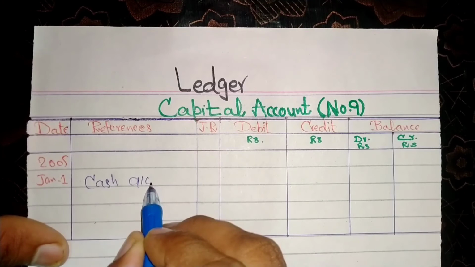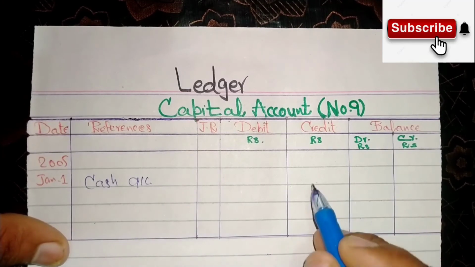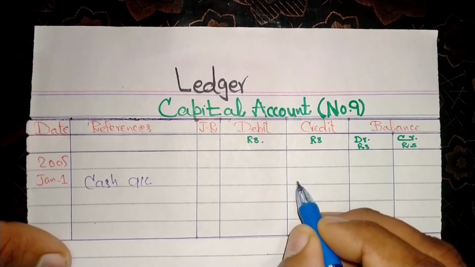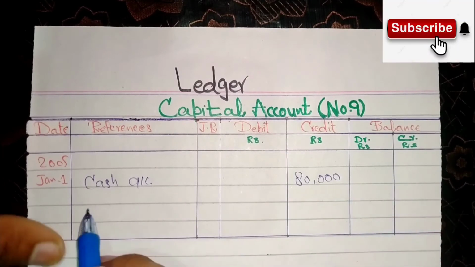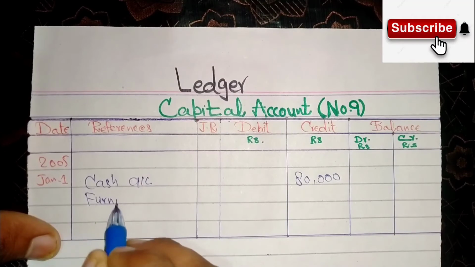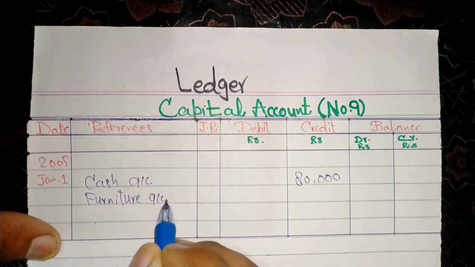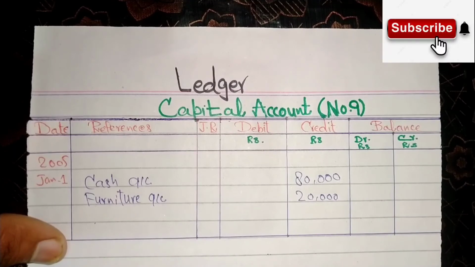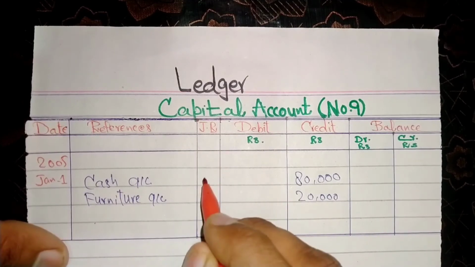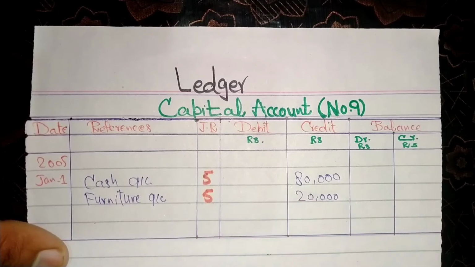Okay, with amount we will enter in separate form, which is credited by 80,000 rupees and also credit by furniture account with amount 20,000 rupees, with journal reference number 5 and also 5.